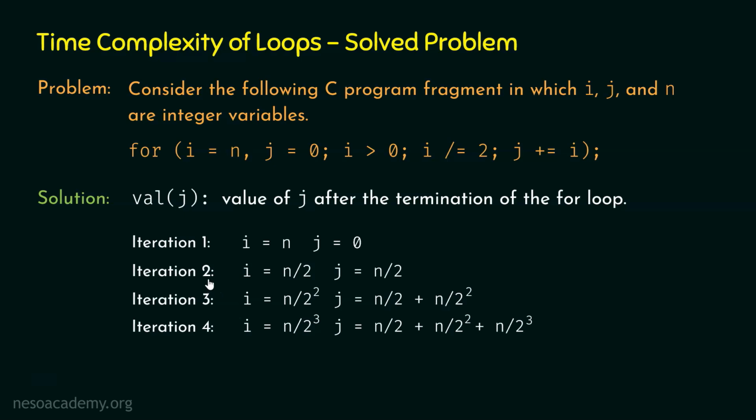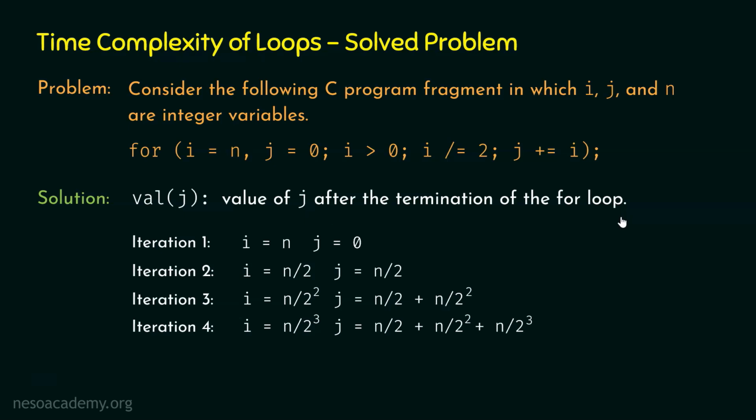Similarly, let's say this loop executes k times. Then in iteration number k, the last term will be n/2^(k-1). And in iteration number k, the value of j is val j. This means it represents the value of j after the termination of the for loop. Why is that the case?